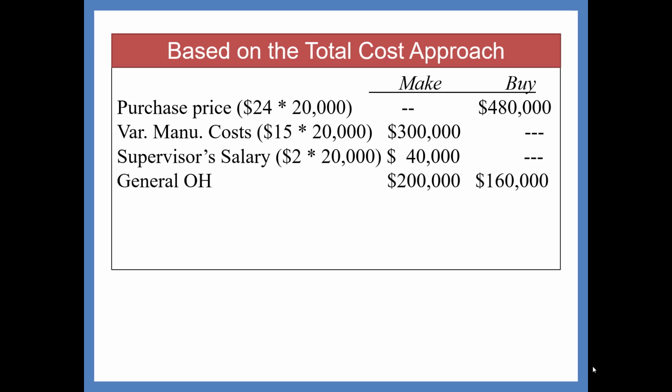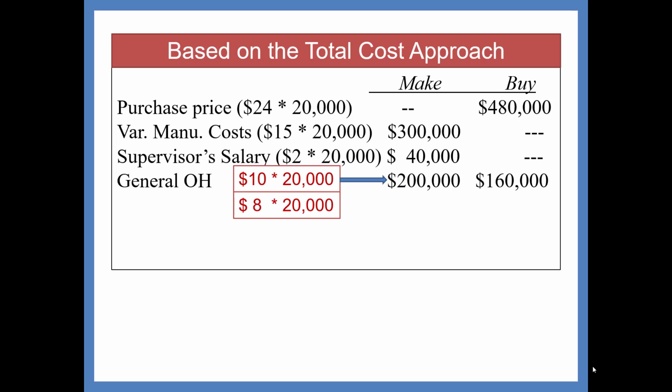General overhead, I have $200,000 in the make column and $160,000 in the buy column. To make the part, we were told that it cost $10 for each of the 20,000 parts. If we buy the part, we're told that we'll use the facilities for an alternate product line, and we can reduce this cost by 20%.